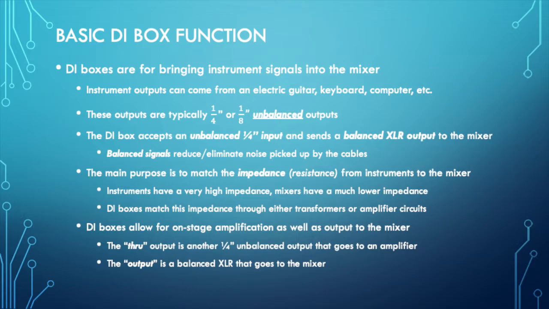When working with a DI, most DIs, at least decent ones anyway, will have not just a balanced output that will go to our mixer, but it'll also have a through port. It's another output that's really just passing the unbalanced signal as if you were just plugging from, say, your guitar into an amplifier.